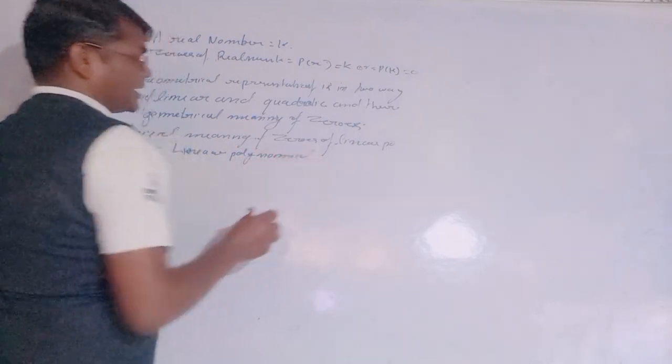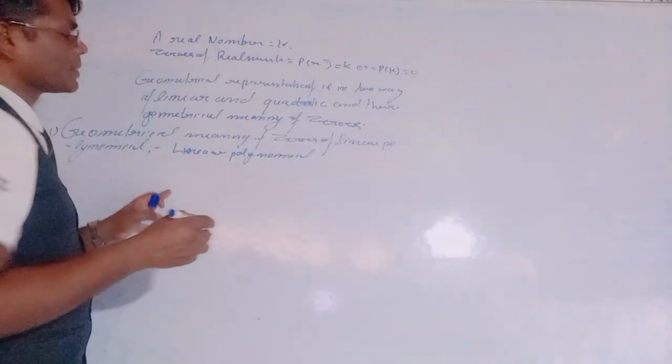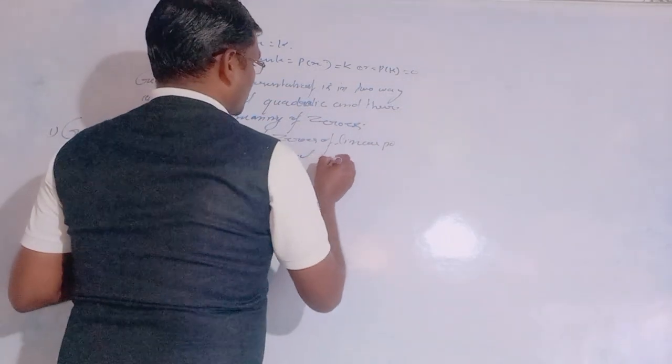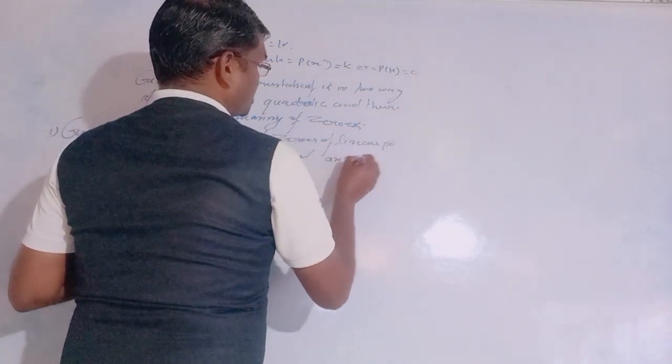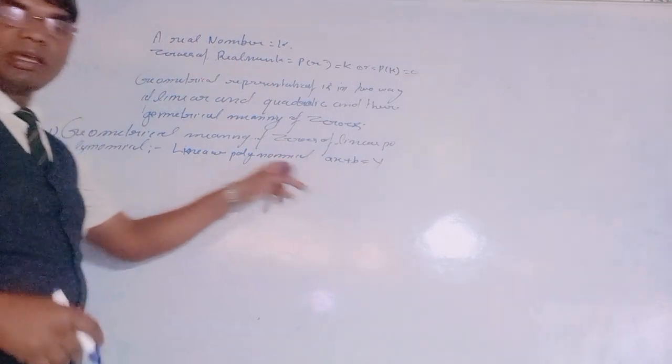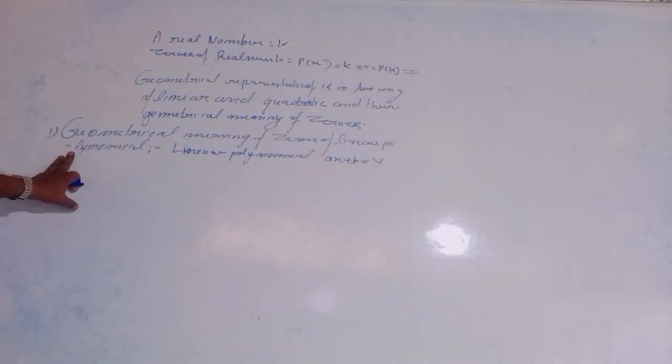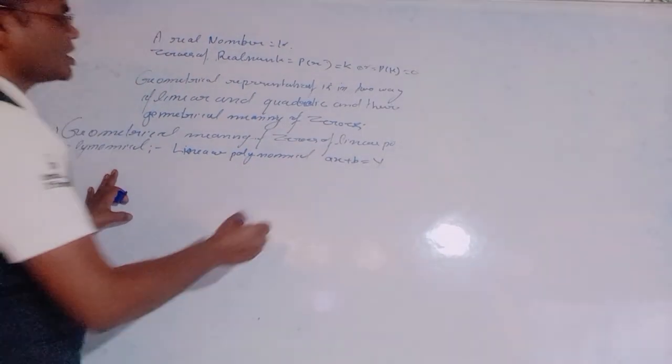So ax plus b is equal to y. This is the linear polynomial ax plus b, where a is not equal to 0.